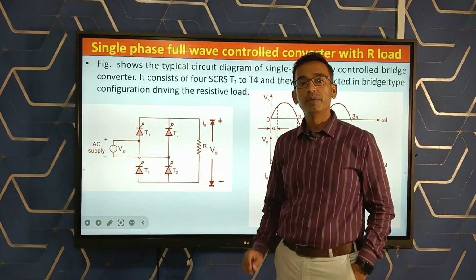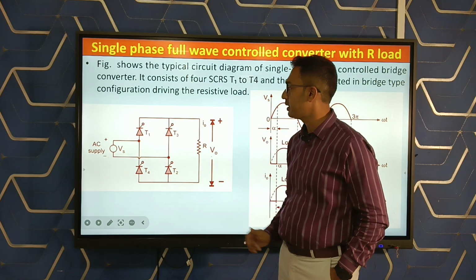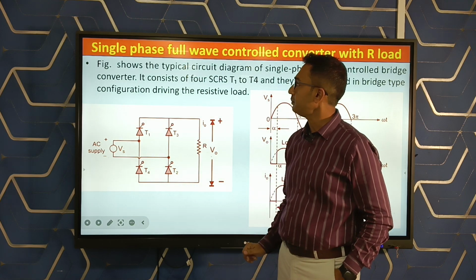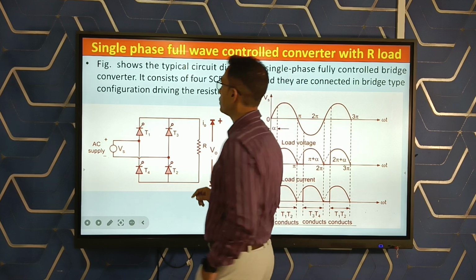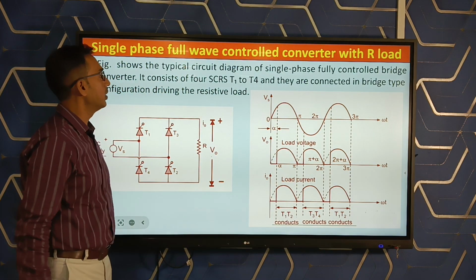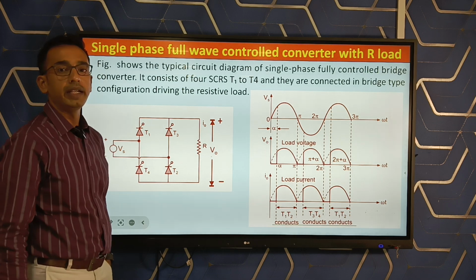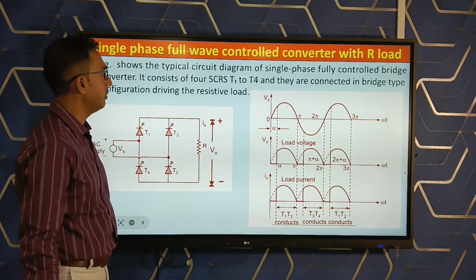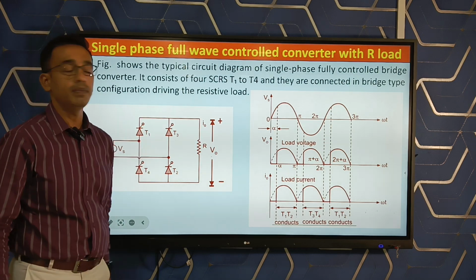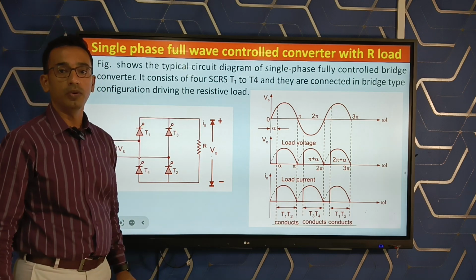V0 is written for the output voltage and Vs for the input voltage. The figure shows the typical circuit diagram of a single phase fully controlled bridge converter. It consists of thyristors T1 to T4, connected in a bridge configuration driving the resistive load.